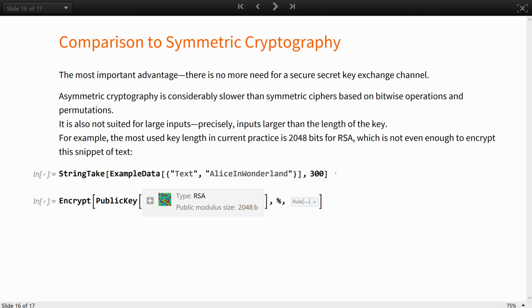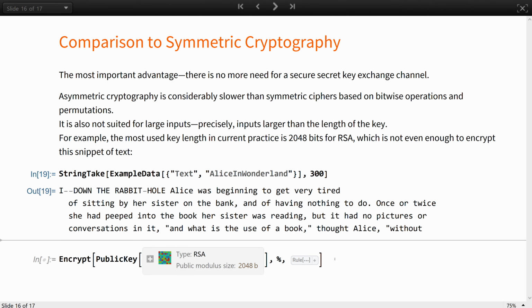Asymmetric cryptography is based on heavy algebraic computations, and it is considerably slower than normal symmetric ciphers based on bitwise operations and permutations. It is also not suited for large inputs, precisely inputs larger than the length of the key. For example, the most used key length in current practice is 2000 bits for RSA, which is not even enough to encrypt this little snippet of text.